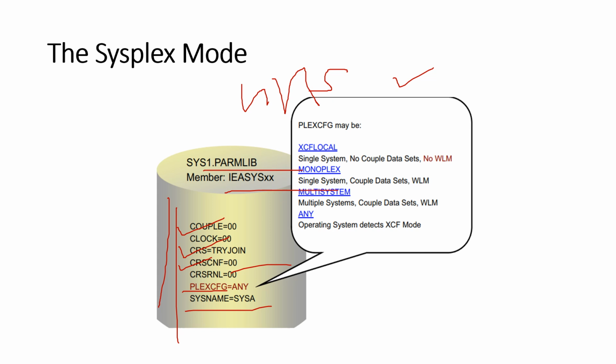Now we understand PLEXCFG equal to MULTISYSTEM. PLEXCFG MULTISYSTEM means it specifies that the system is to be part of a Sysplex consisting of one or more MVS systems that reside on one or more processors.